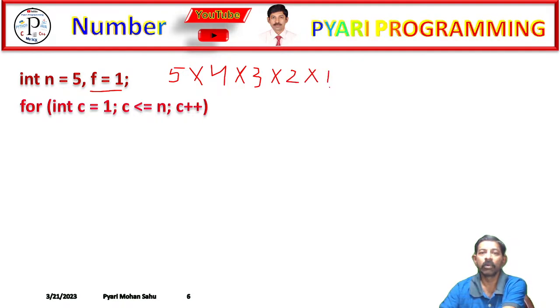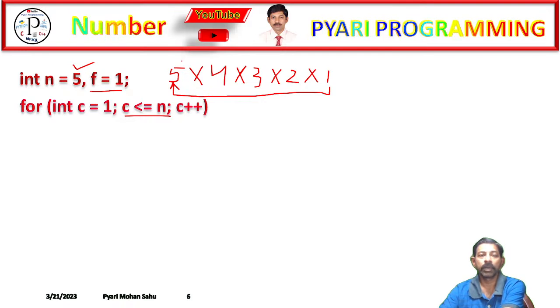So that's why my loop will start from 1 and will move up to 5, where 5 is included. So that's why less than equals to n, where n is my 5. Now c++, because the gap between 1 and 2 is 1, 2 and 3 is 1, 3 and 4 is 1. So that's why c++.